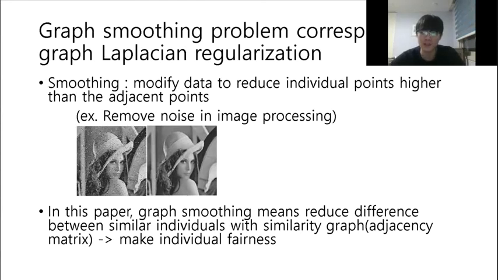It is usually used to remove noise in image processing, and removing noise is also a kind of applying individual fairness because points that have noise will not be similar to adjacent points. In this paper, graph smoothing means reducing the difference between similar individuals with the similarity graph, and it has the same meaning as making output individually fair.